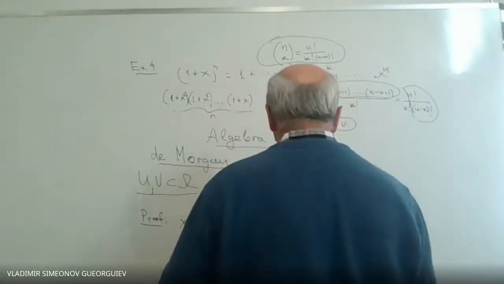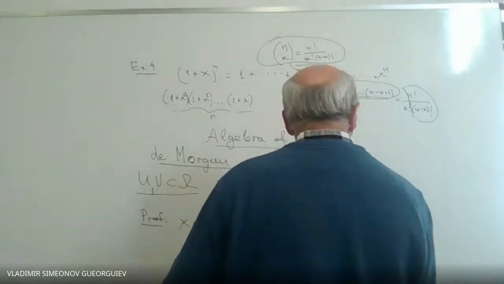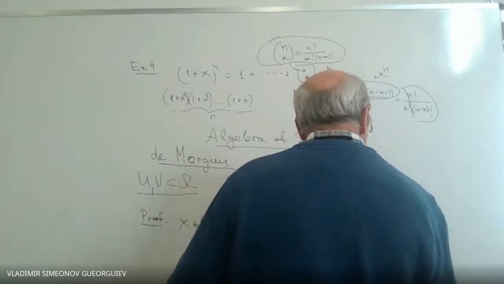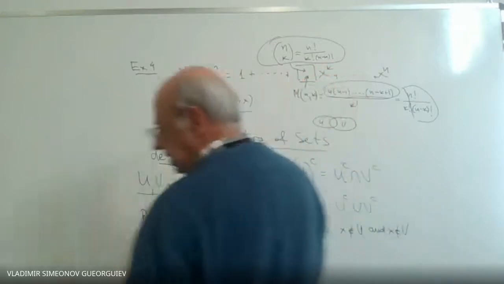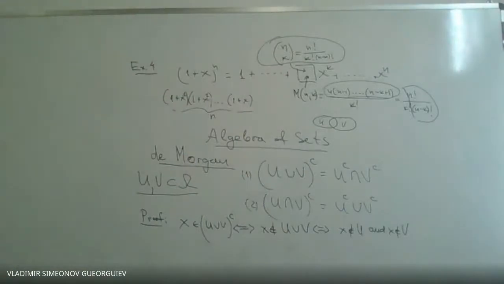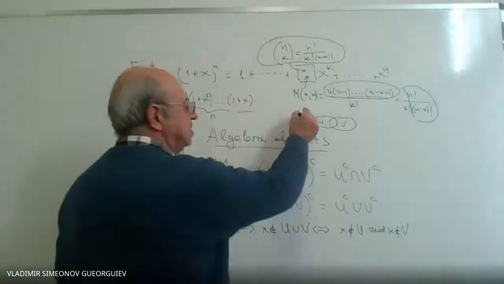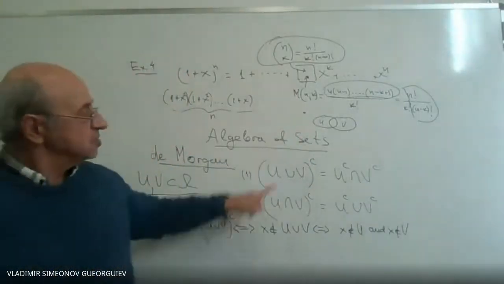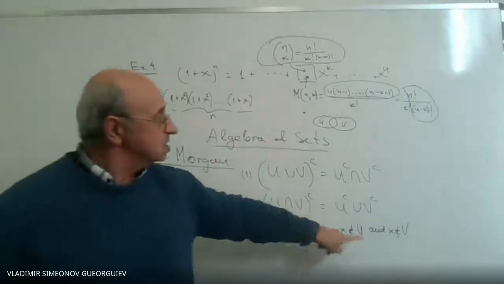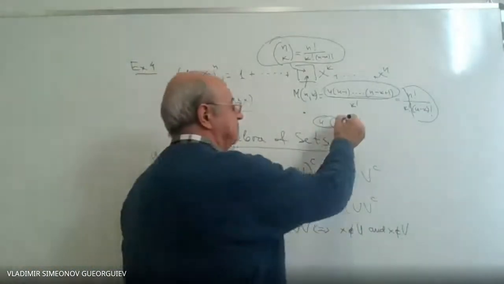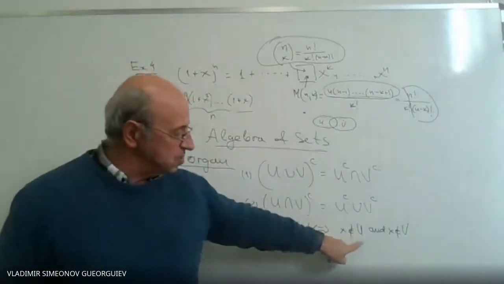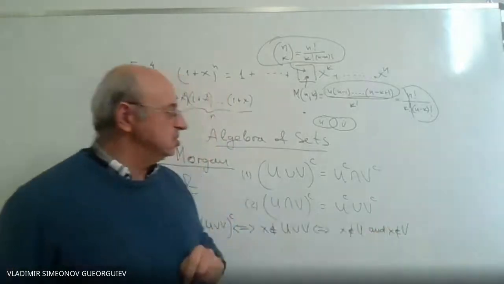This means that x is not in U and x is not in V. Let us try to understand this. So our x is here, outside U and V. Of course, it is outside of U and V. It is clear that we cannot have it neither here, neither here. So x is not in U and x is not in V.